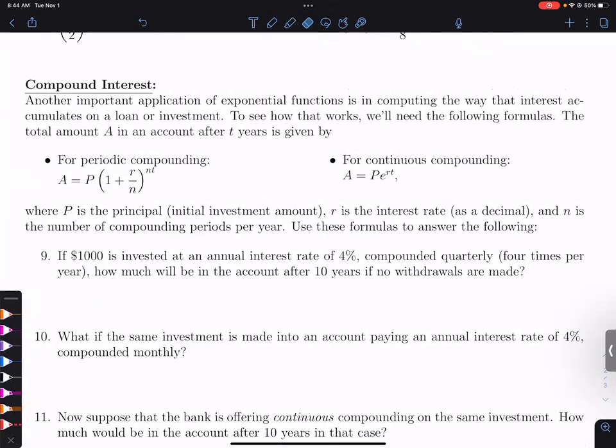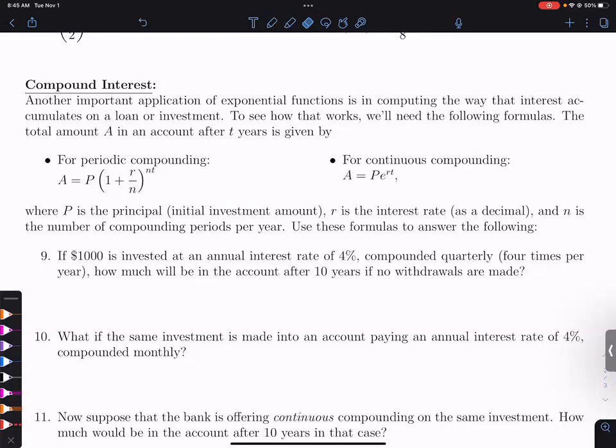This is a simplified version of how investments and loans and stuff like that work. So basically what we're assuming is that if I take some money and put it in the bank, the bank wants to hang on to my money so that they can use my money to give other people loans so that they can charge them interest so that they can make money.